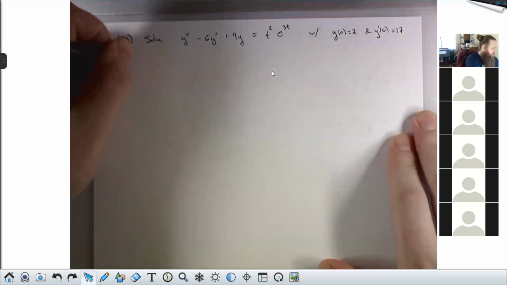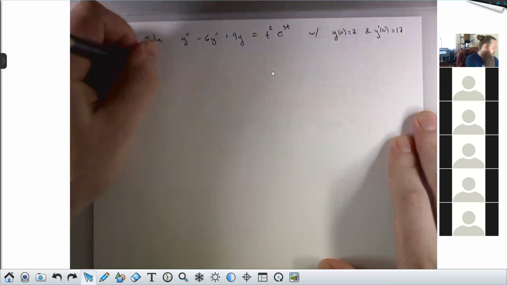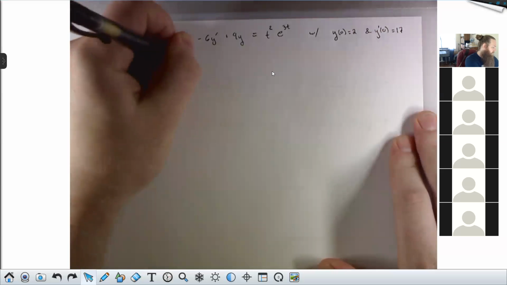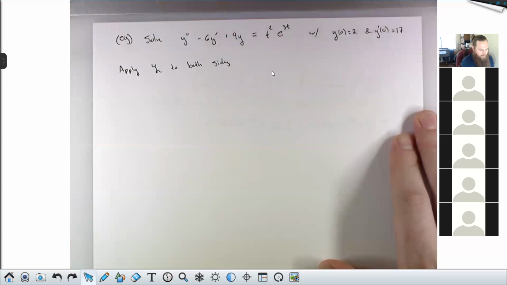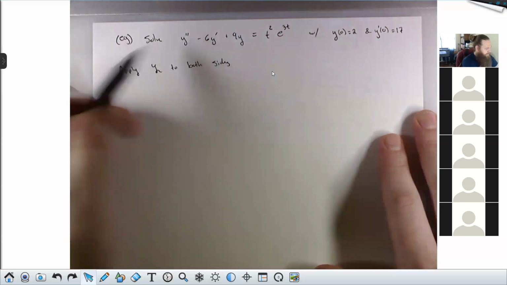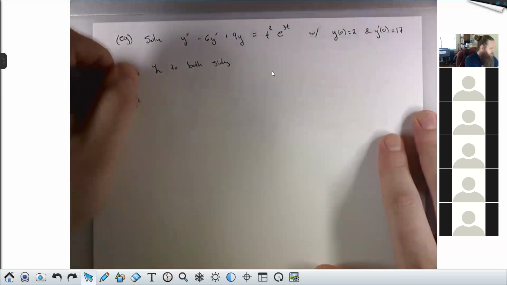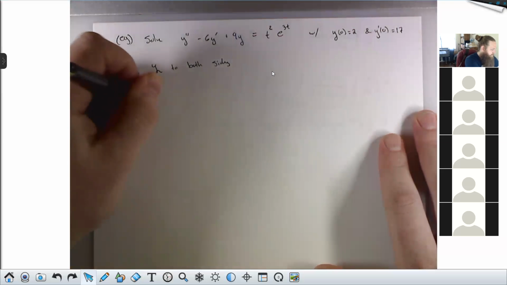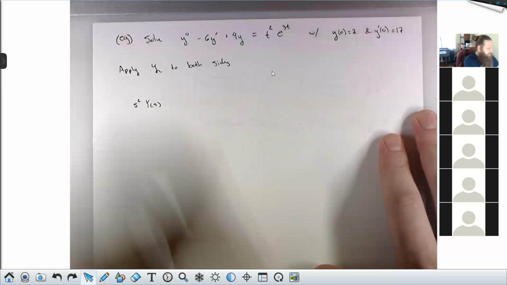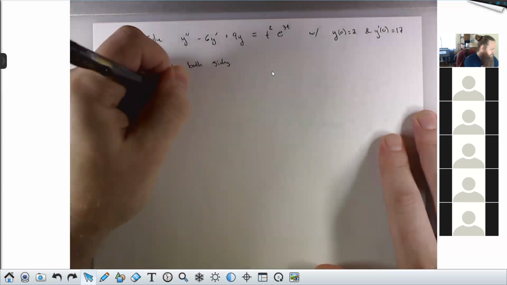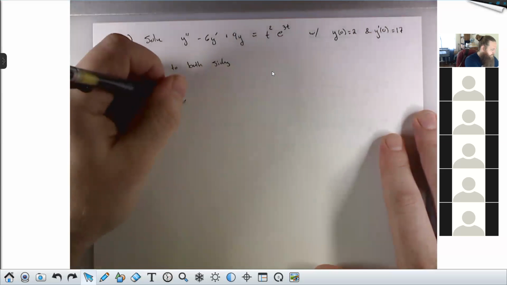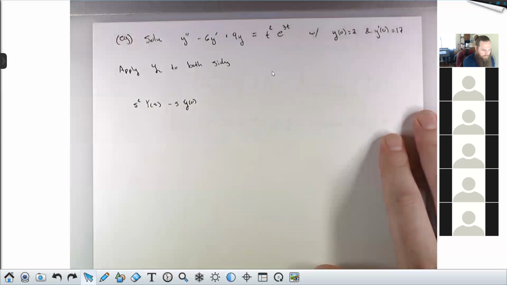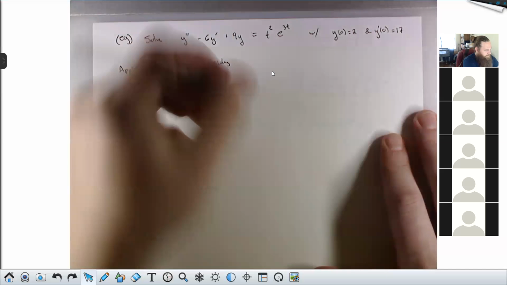start by applying L to both sides. On the left-hand side, the Laplace transform of y double prime is s squared times Y of s, minus s times little y of 0, minus y prime of 0.